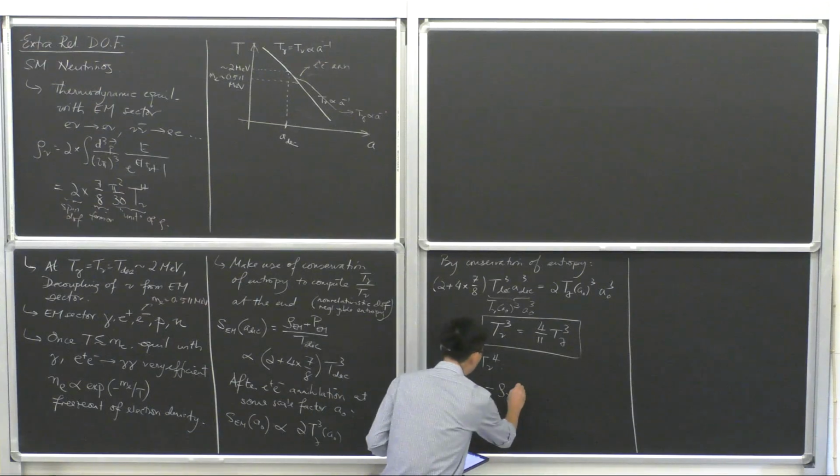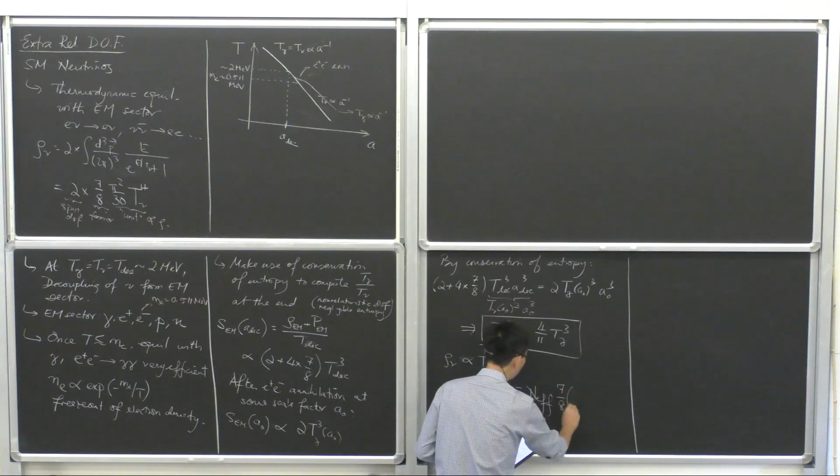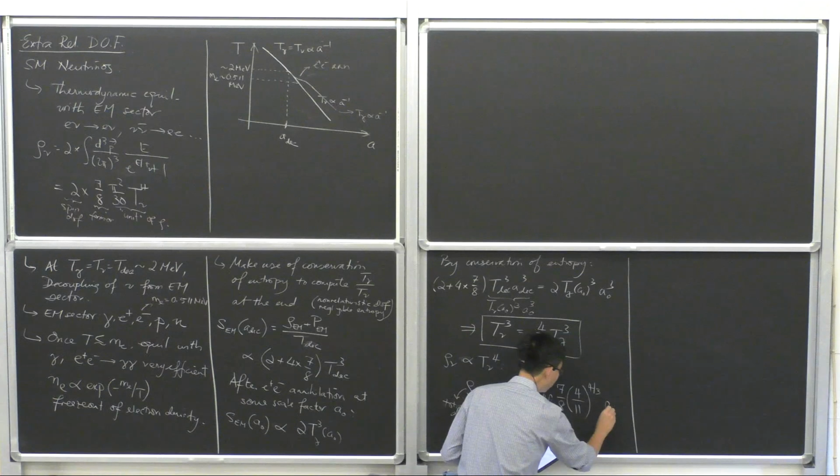And we define something called N effective, which can be written as N effective times 7 over 8, 4 over 11 to the 4/3, rho gamma.